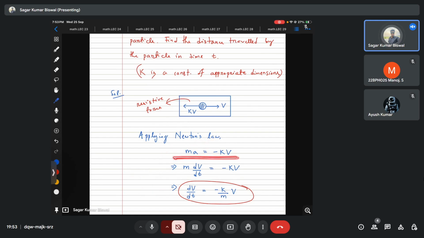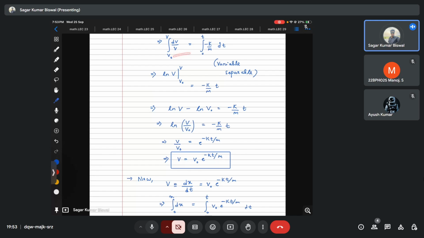Acceleration a can be written as dv by dt. So this is the differential equation you need to solve, and this can be solved by the variable separation method. And here we solved it. This is just an easy one, and so this is the velocity we got.